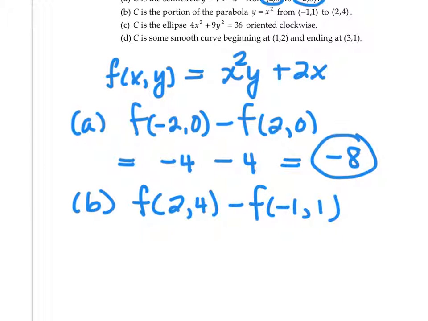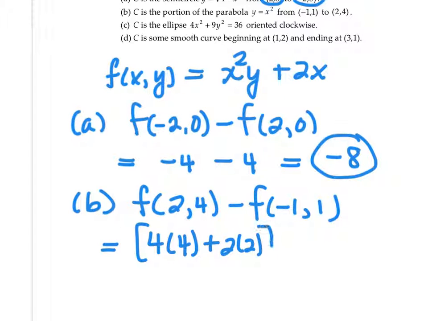What is f of 2, 4? Well, 2 squared is 4 times y is 4 plus 2 times 2. So it's that minus negative 1 squared is 1 times 1 plus 2 times x, which is negative 1.